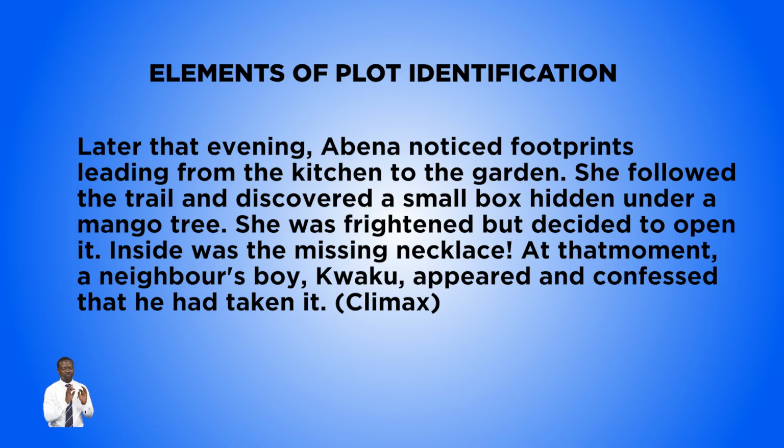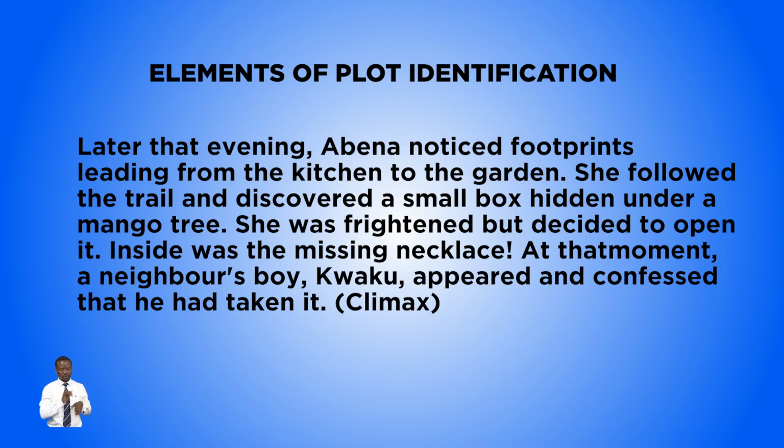Then we move on. Later that evening, Abena noticed footprints leading from the kitchen to the garden. She followed the trail and discovered a small box hidden under a mango tree. She was frightened, but decided to open it. Inside was the missing necklace.